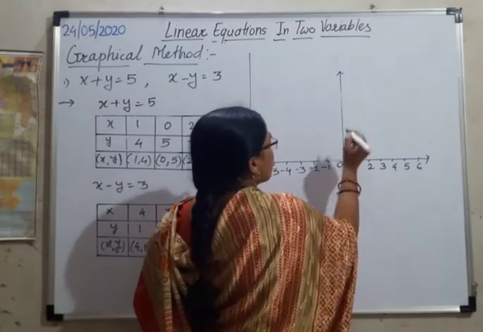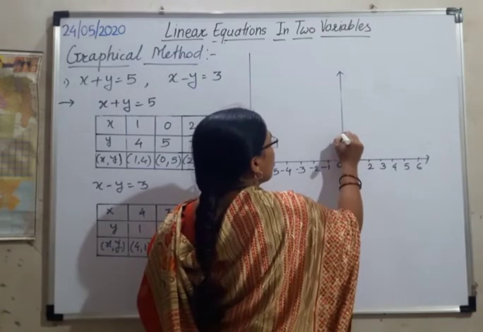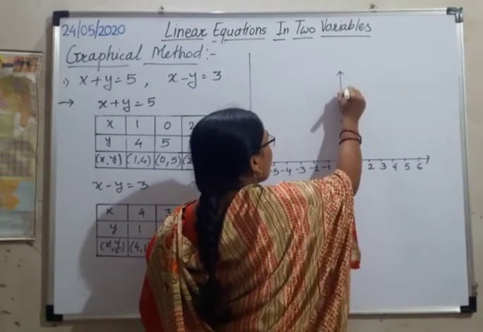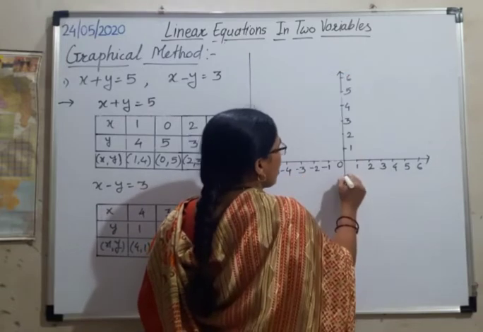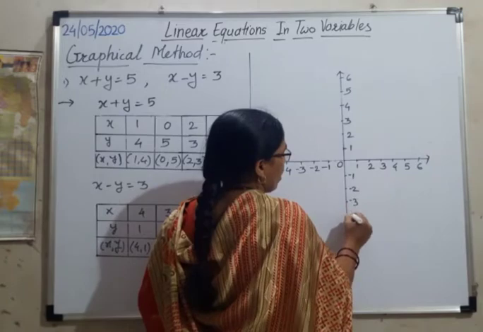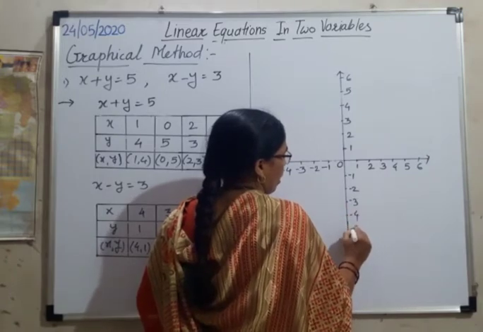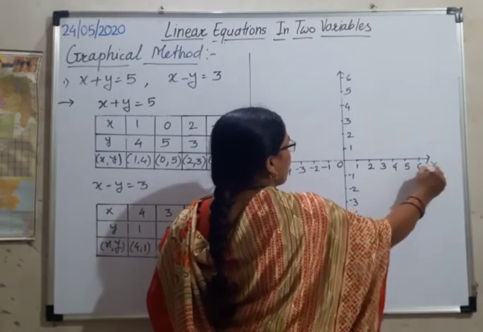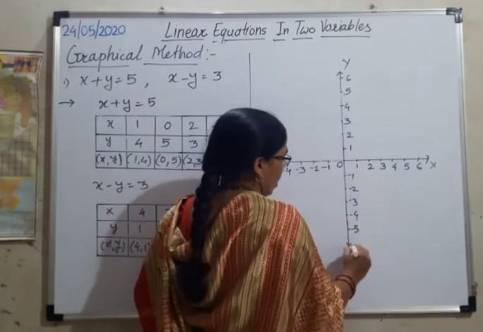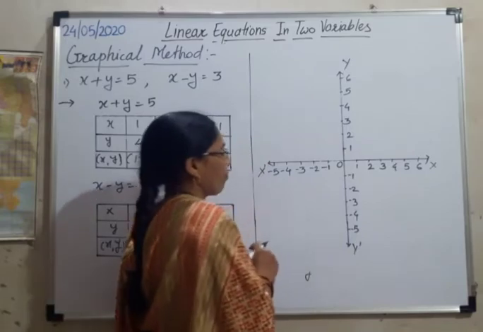Similarly on the y-axis, here it is 1, 2, 3, 4, 5, 6, and here -1, -2, -3, -4, and -5. This is x dash because it is the x-axis, and here y dash because it is the y-axis.